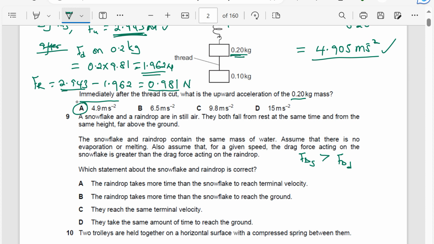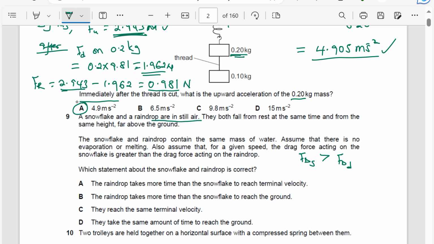Which statement about the snowflake and raindrop is correct? They both fall from rest at the same time and from the same height far above the ground, in still air.